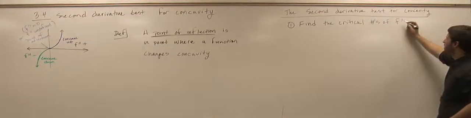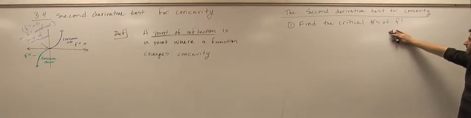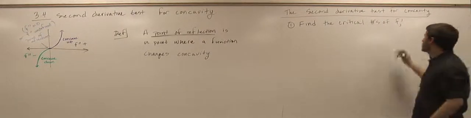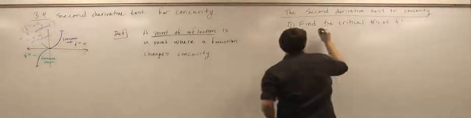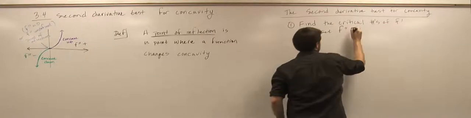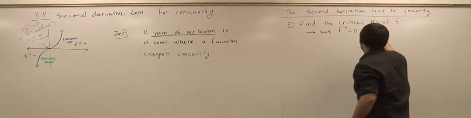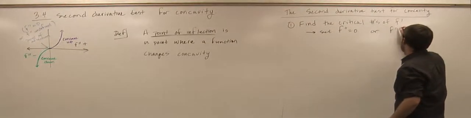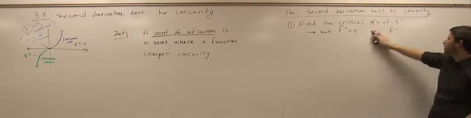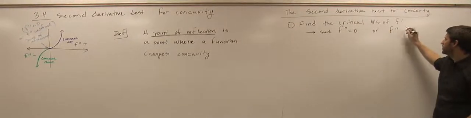Now that's kind of silly. Find the critical numbers of f prime. That means the same thing as setting f double prime to 0 or undefined. Set f double prime to 0 or find where f double prime is undefined.